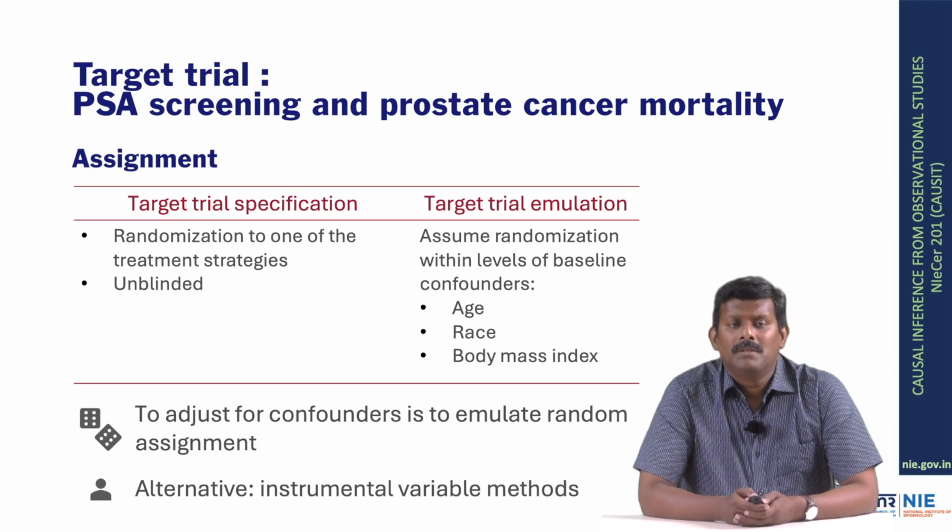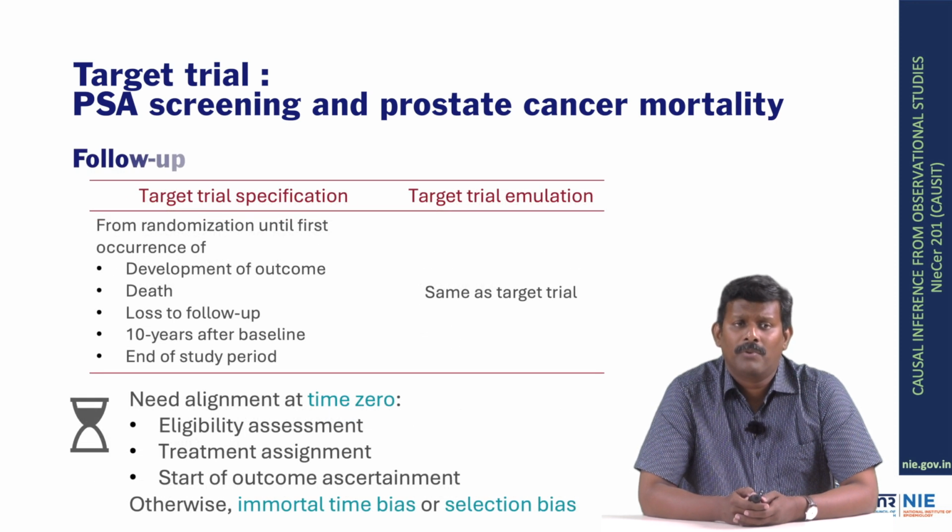By using any number of methods to adjust for confounders, we try to emulate random assignment in a target trial emulation. And for follow-up, from randomization until the first occurrence of either development of outcome, death, or loss to follow-up, 10 years after baseline, or end of study period. The same follow-up can be carried over to the target trial emulation and can be explicitly stated.